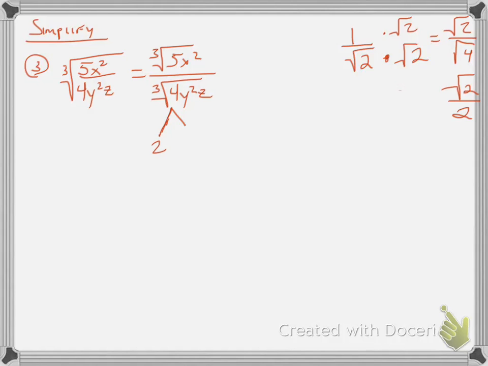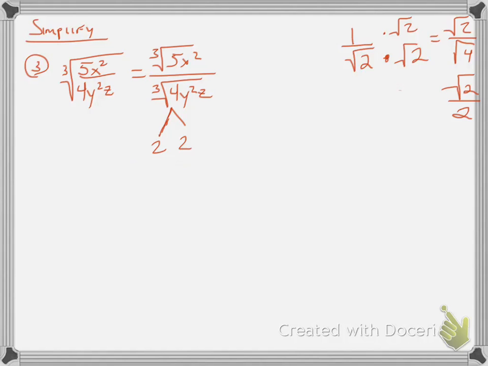And when I factor that, I have 2 times 2. If it was square root, that would be fine, but because it's cube root, I would need 3 of them. So what that means is I need one more 2. So I need to multiply that with another 2, and then I'm going to have 3 of them there.